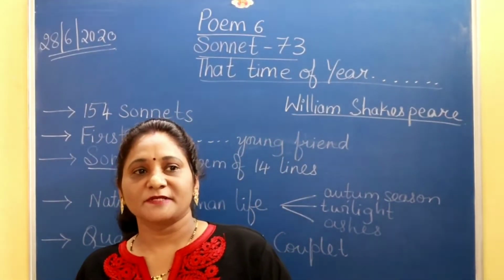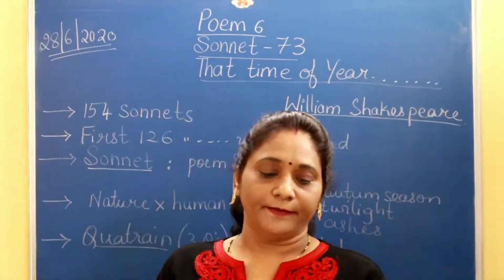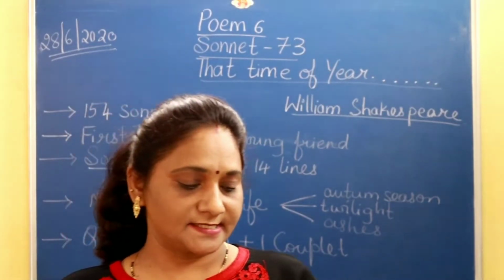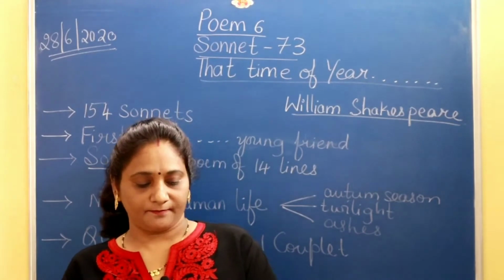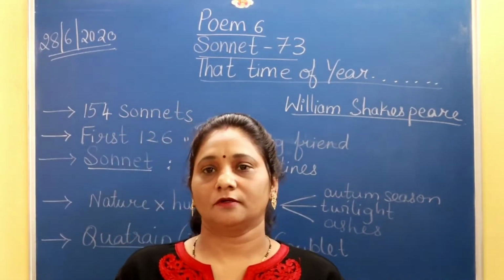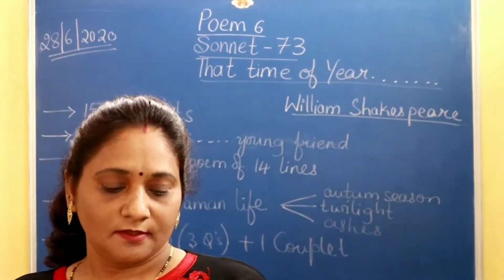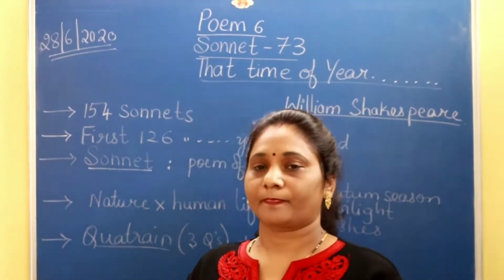So first let me tell you what is a sonnet. A sonnet is a poem of 14 lines with a structured rhyme scheme in which a thought about a subject is developed thoroughly.